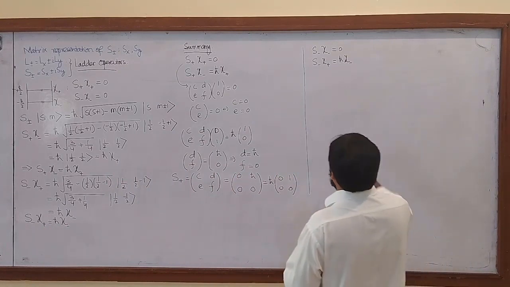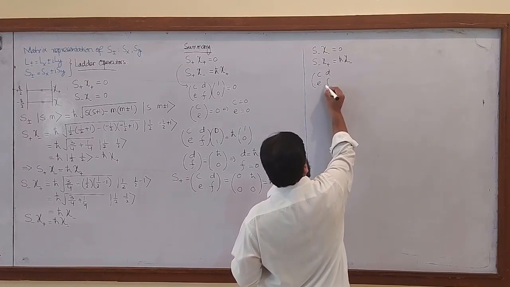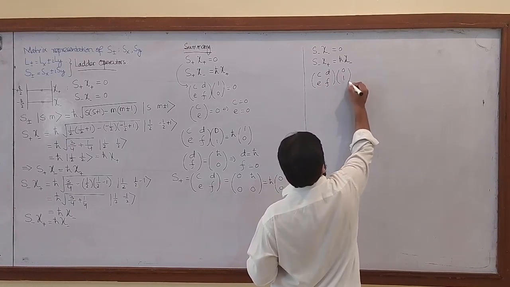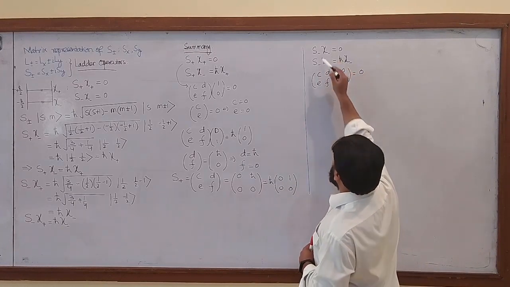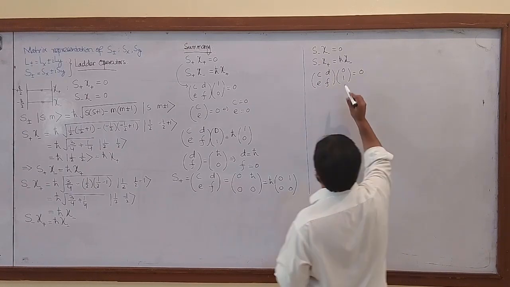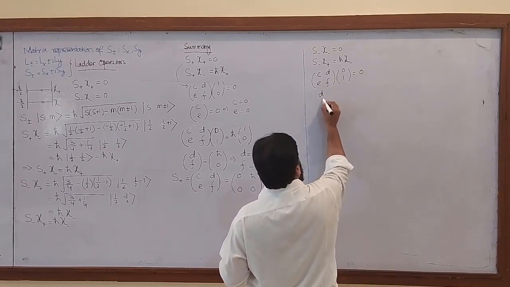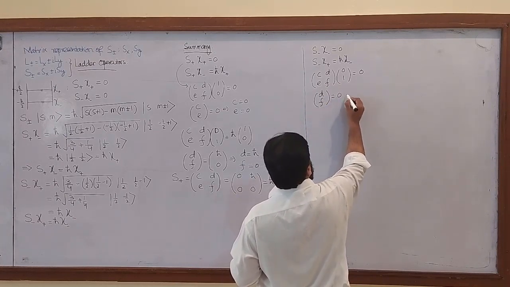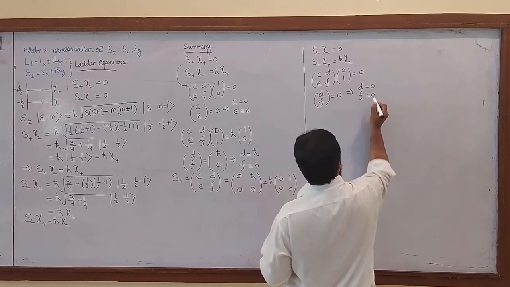So now put these into matrix form. C, D, E, F, the first one, on 0, 1 is equal to 0. This comes out that D and F will remain, and we are having them equal to 0. So D is 0, F is 0.